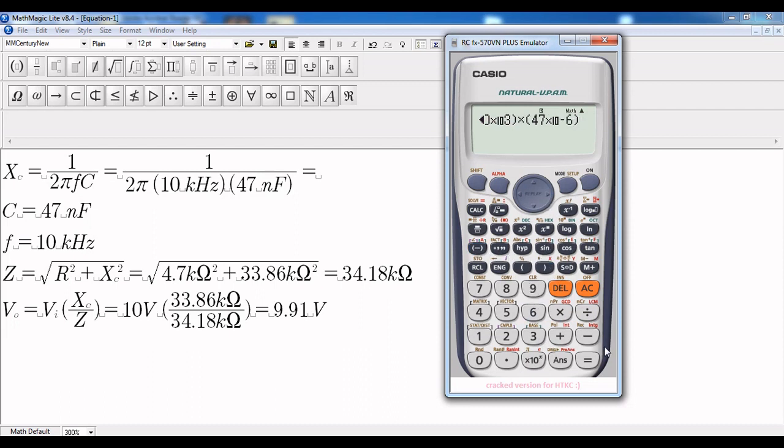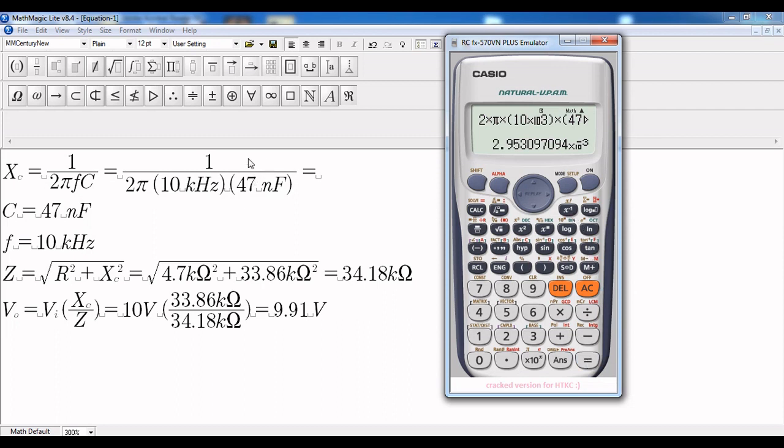Okay. Did I put everything? 10 to the 3, 47. Nano is negative 9. So let's be very careful. Again, negative 9 because it's nano. Okay. So we get this.